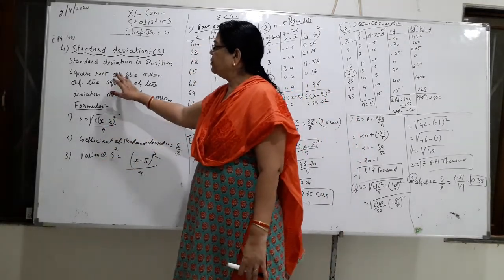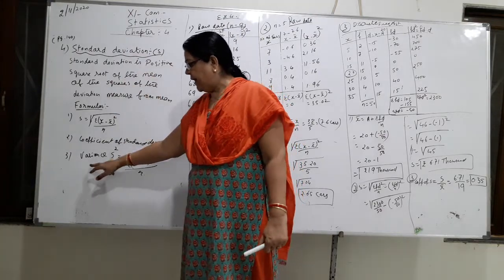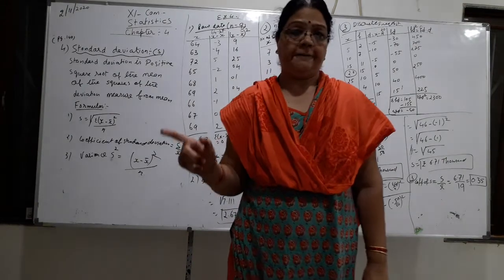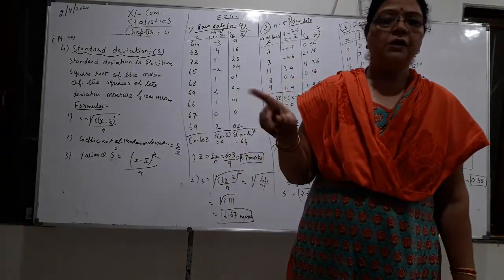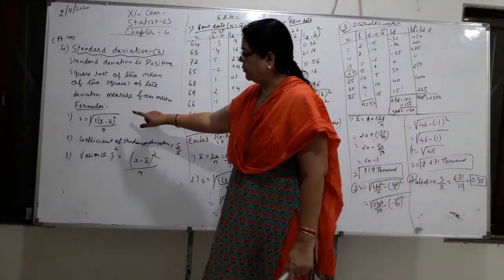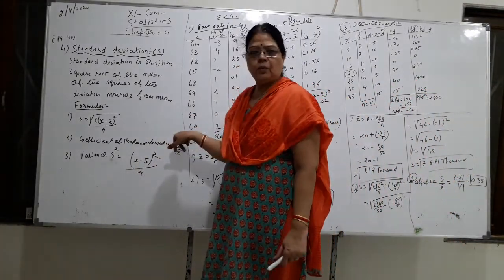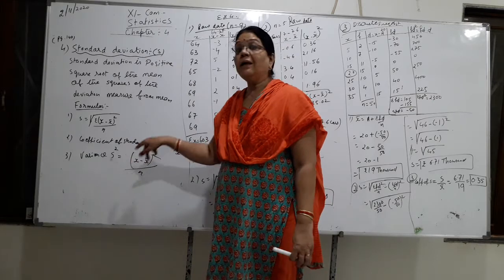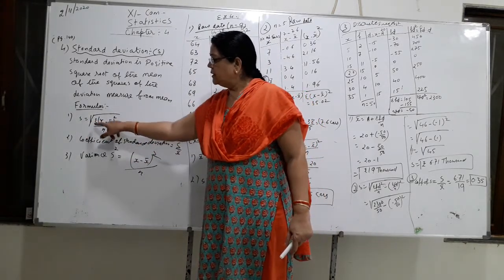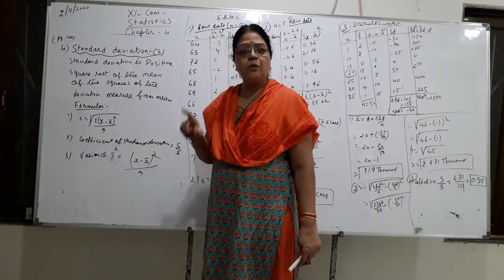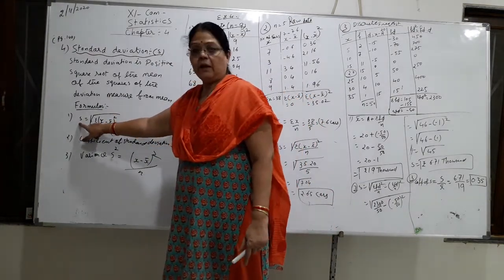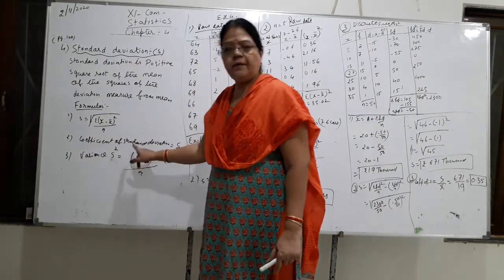formula used for standard deviation is variance, and variance means standard deviation squared, S square. So if you square S, the root will go. S equals under the root sigma (x minus x bar) whole square upon n, but if you take S square, this root will be removed.